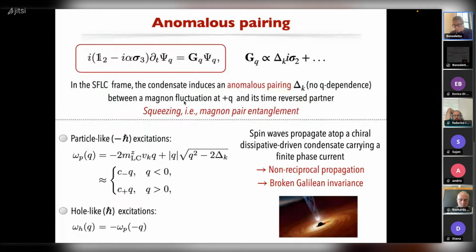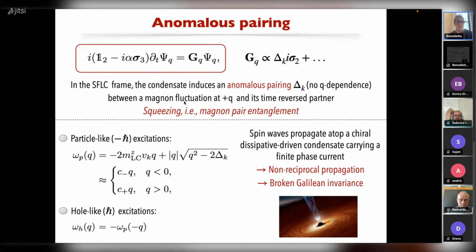So in the context of magnetic systems, the presence of this pairing translates into squeezing. For example, antiferromagnetic systems have a naturally squeezed ground state, and here we find the same squeezing, but now this squeezing is parametric.